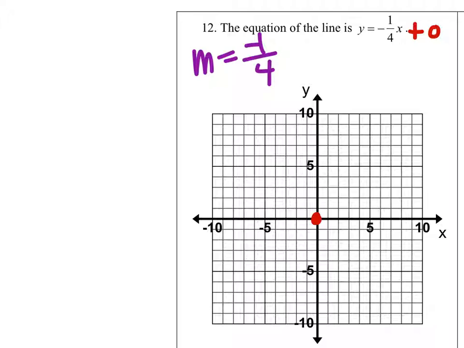So I'm going to make the 1 negative, meaning I'll go down 1 and then to the right 4. Down 1, to the right 4. And we can continue this pattern in the other direction as well. And that gives us these points. So, draw the line through these. That's it. That turned out really good.